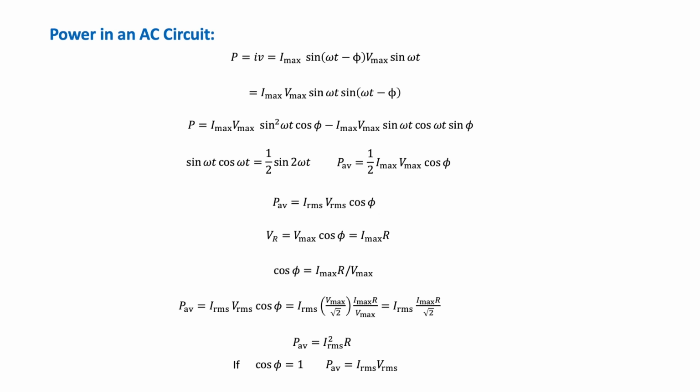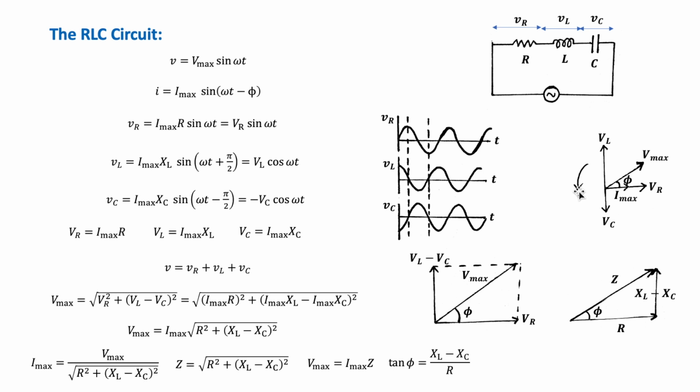If we use the phasor diagram shown before, you can see that the maximum voltage drop across the resistor, VR, is equal to V max cosine phi.